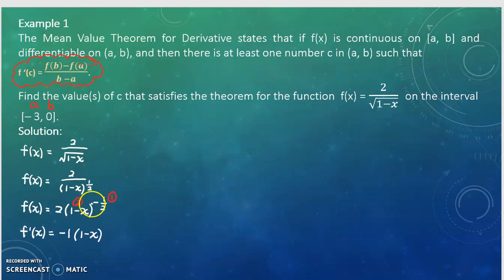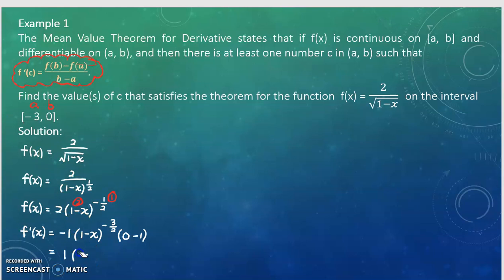Then reduce the index by 1, so -1 over 2 minus 1 becomes -3 over 2. Next, I will differentiate the bracket. Differentiating 1, I get 0. Differentiating -x, I get -1. So -1 times -1 equals +1.